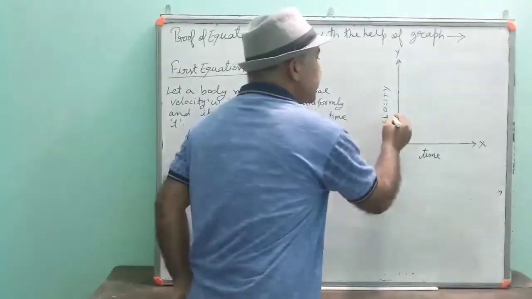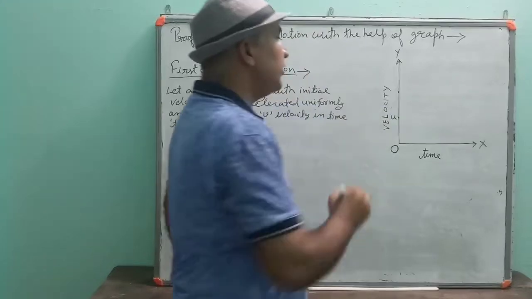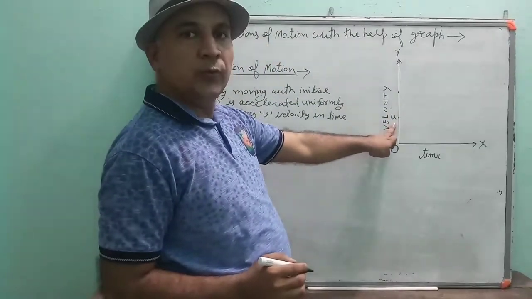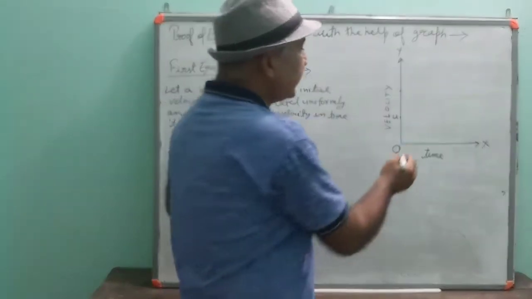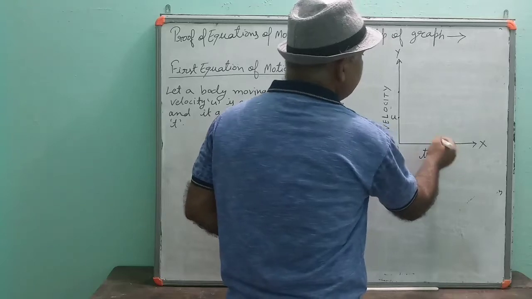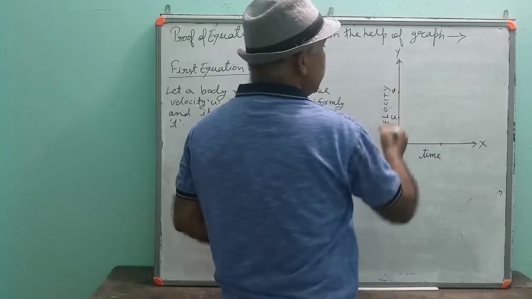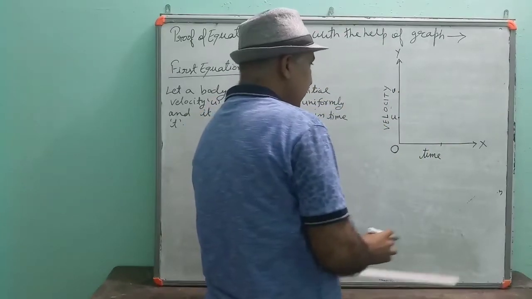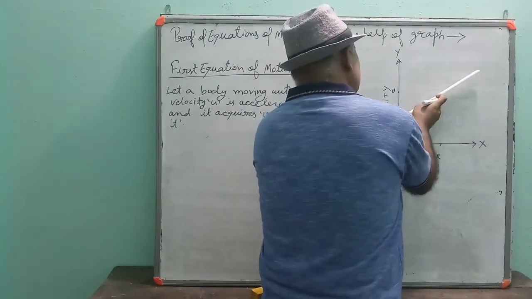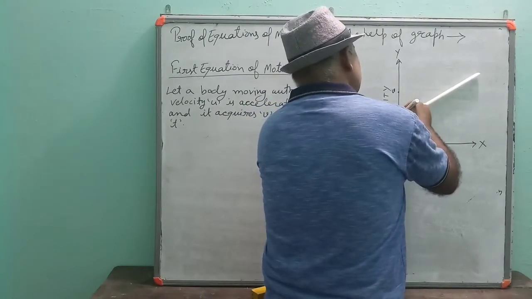Suppose at any instant the body is moving with initial velocity u and in t time its velocity becomes v.